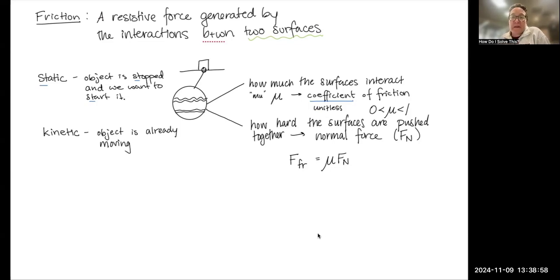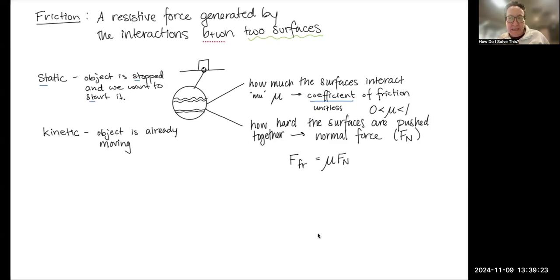So if you've ever had a really heavy box of cardboard books on a carpeted floor, you may have noticed that it's really, really hard to start the box moving. But once you get it moving, if you can keep it moving, it isn't as hard anymore. And that is actually the difference between static and kinetic friction.